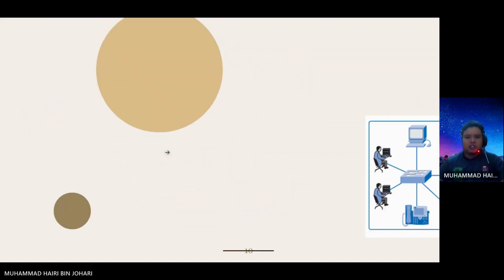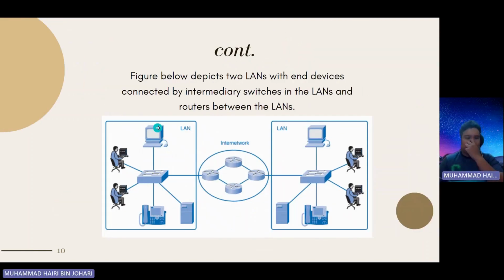Okay, so we see the figure below. It depicts two LANs with end devices connected by an intermediary switch in the LANs and a router between the LANs. As we can see, we have two users, and on the opposite side two users also.